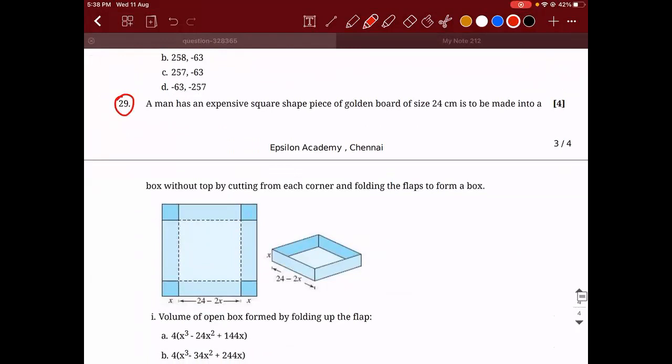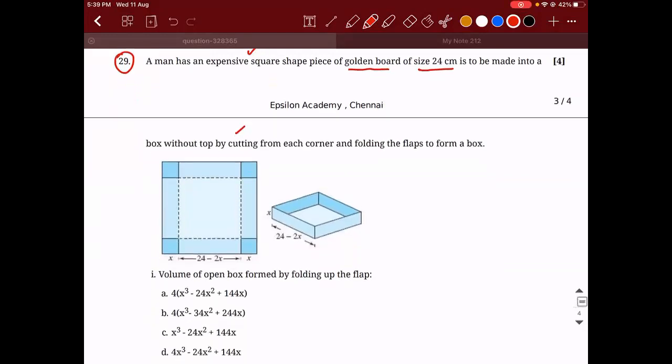29th will do. A man has an expensive square shaped piece of golden board of size 24 centimeter, to be made into a box without a top by cutting from each corner and folding the flaps to form a box. Okay. So he has a square of side 24 centimeter.